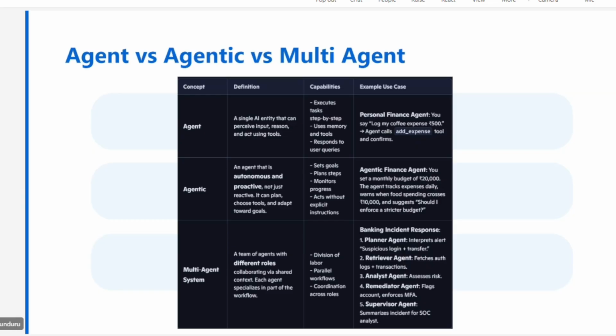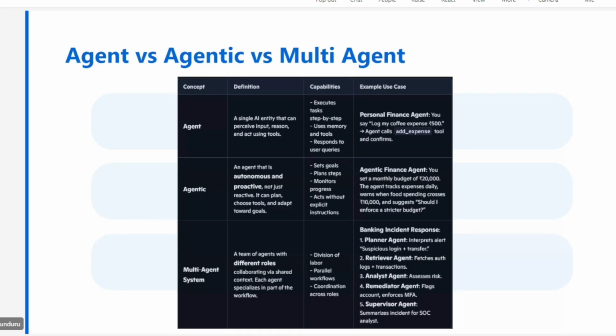But an agentic application is more autonomous and proactive. If you create a monthly budget of 2,000 rupees or 20,000 rupees, the agentic application will start tracking whenever you say I have spent 500 rupees for coffee, 200 for parking, or whatever.